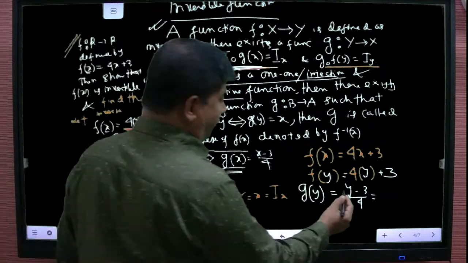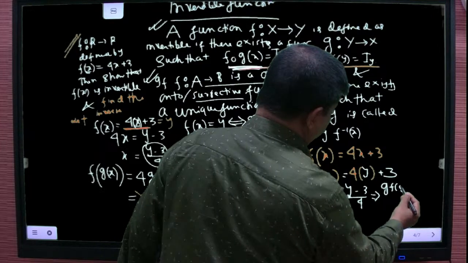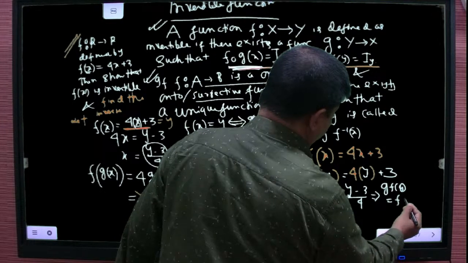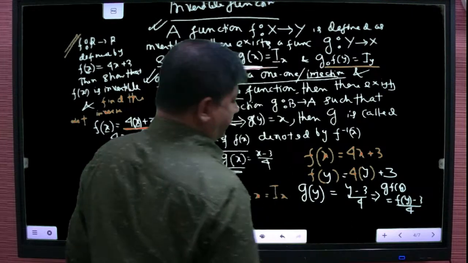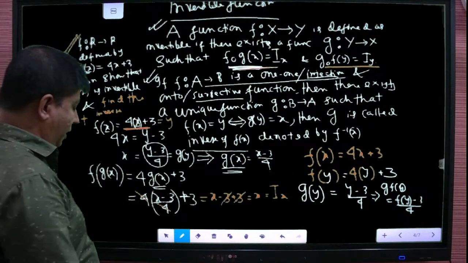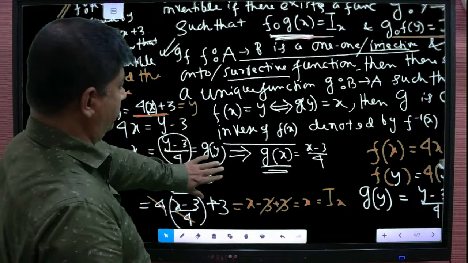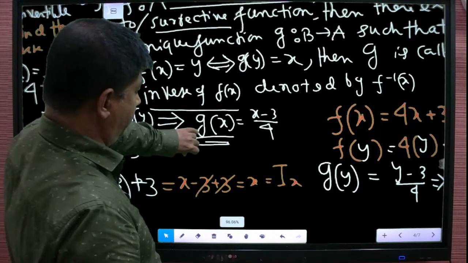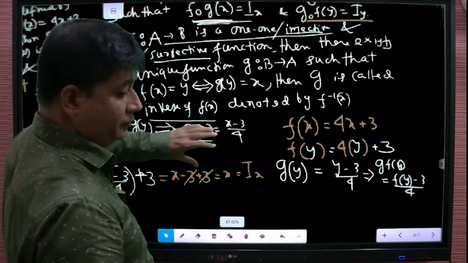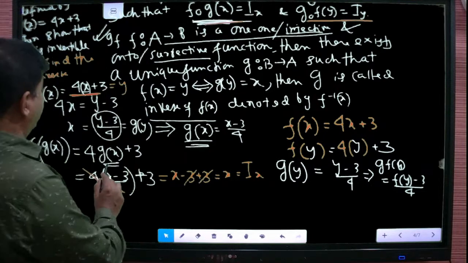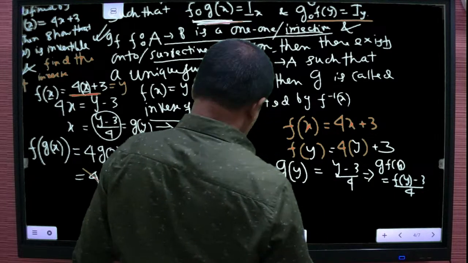So g of f(y) is f(y) minus 3 by 4. Now what is f(y)? f(y) is 4y plus 3.